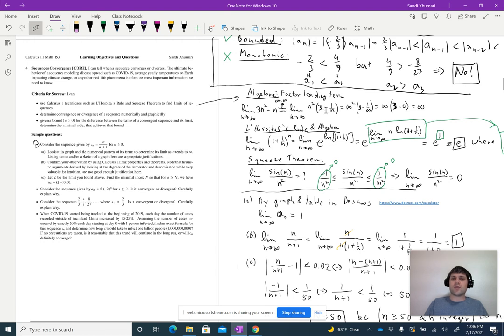So factoring n squared, we get this expression. And when you plug in infinity at this time, then you get infinity times 3 minus 1 over infinity. 1 over infinity tends to 0, so you get infinity times 3, which is infinity.